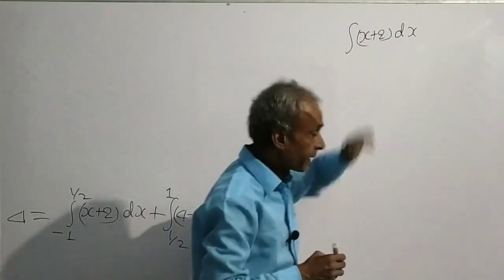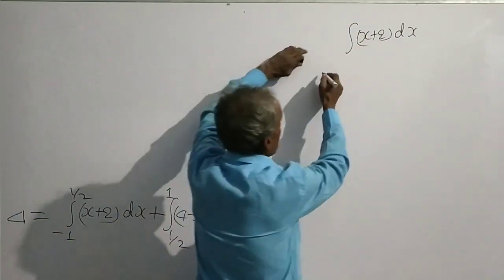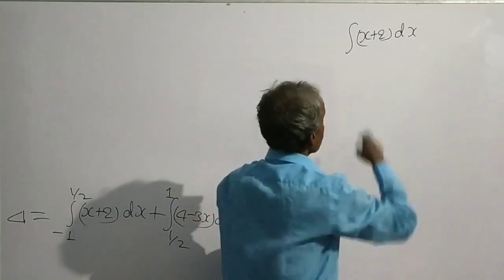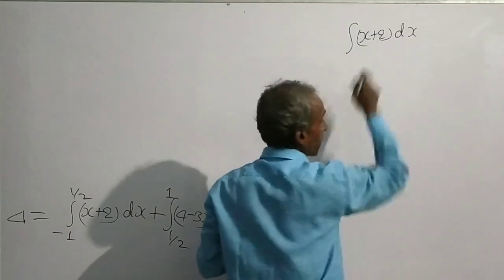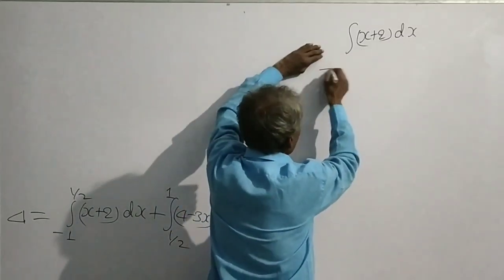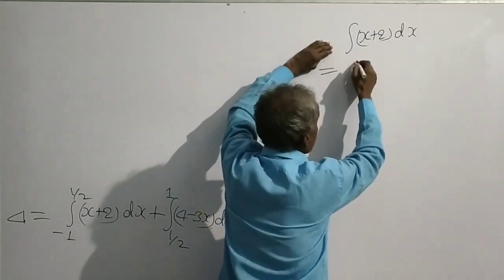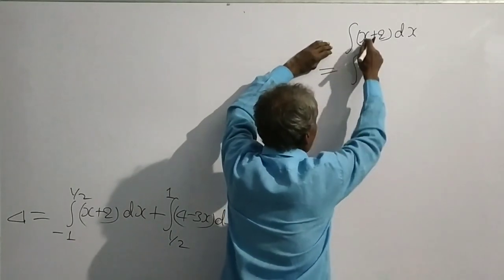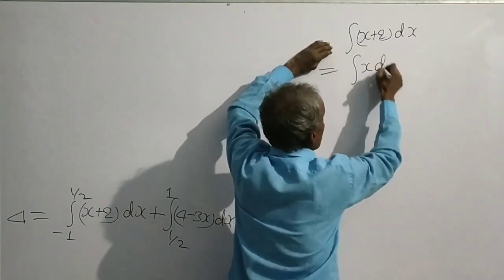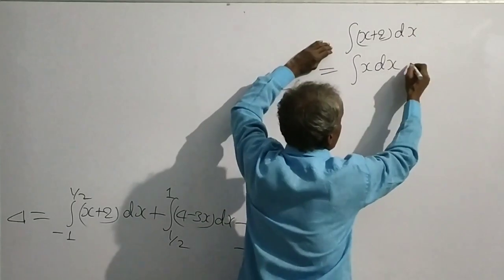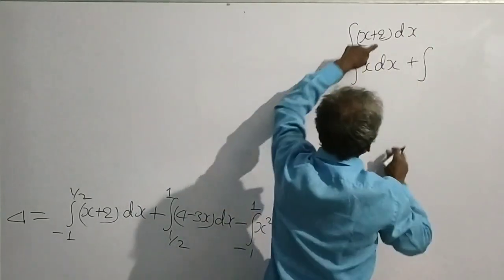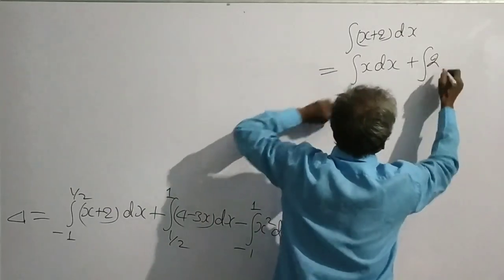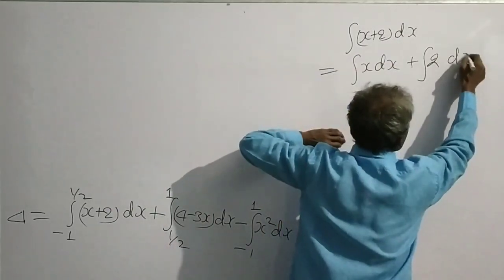This is the indefinite integral. To integrate the sum of such two terms, what we do is that we integrate the first term with respect to x, write a plus sign, then integrate the second term with respect to x.